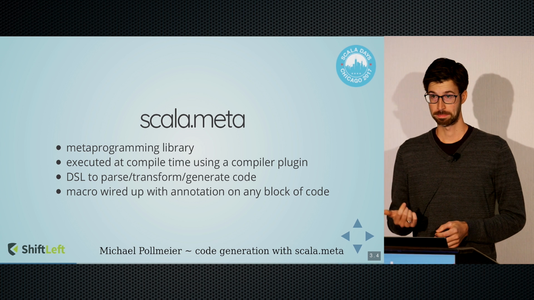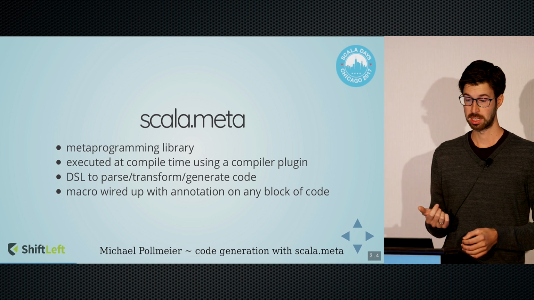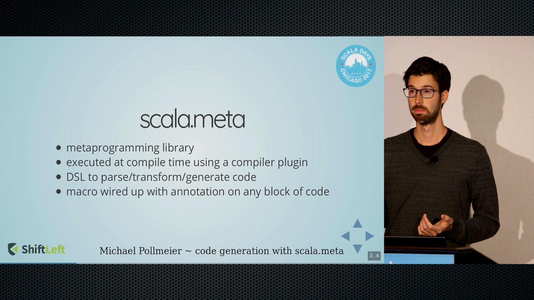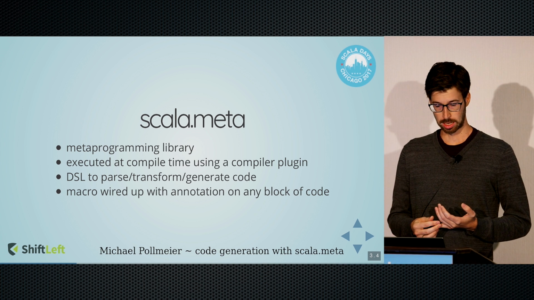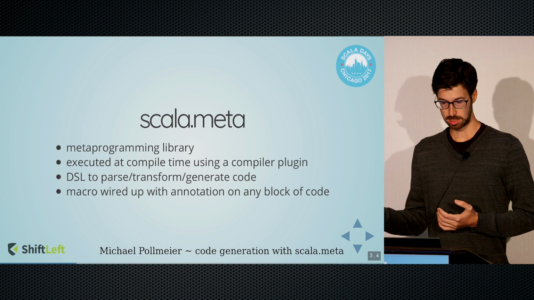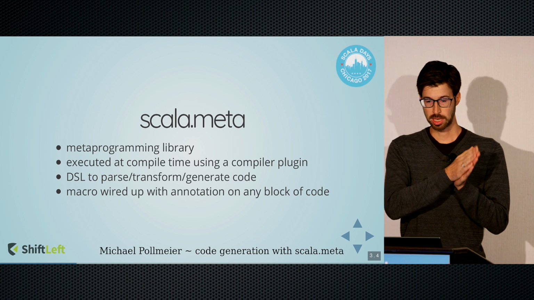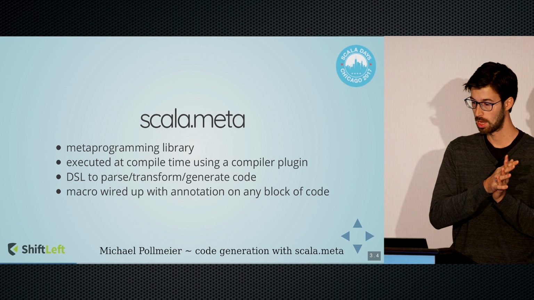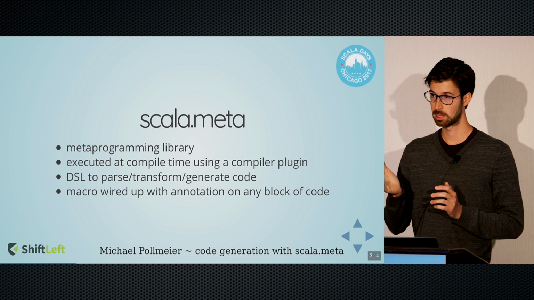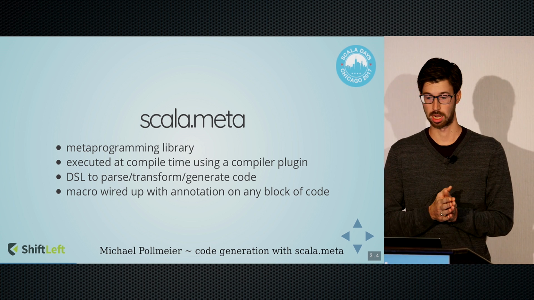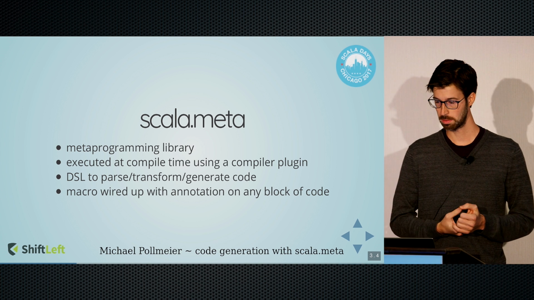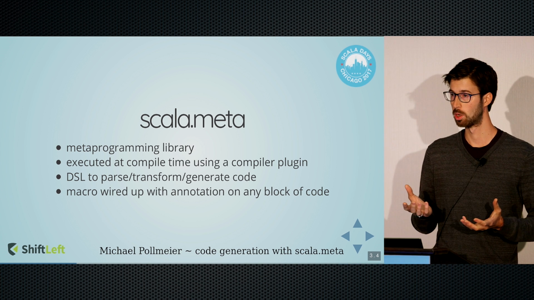So what is scalameta? Scalameta is a library that lets you do metaprogramming, right? So basically, the idea is you have a pipeline where you annotate some blocks of code, and they're passed into the scalameta ADT, so the scalameta domain classes, if you want, and you can do whatever you want with that.